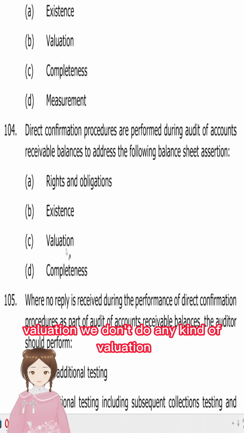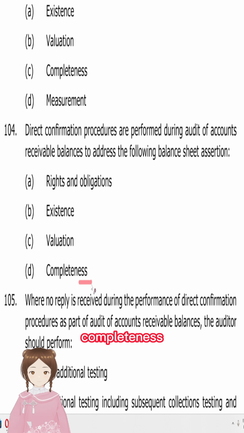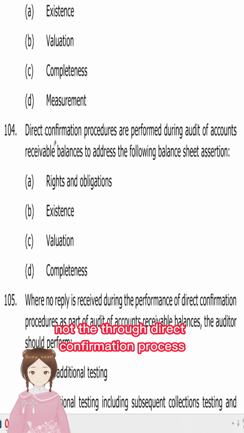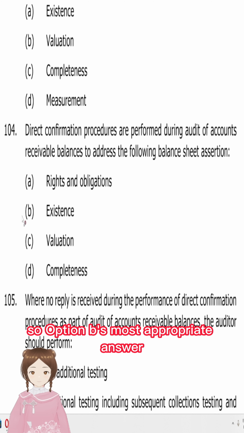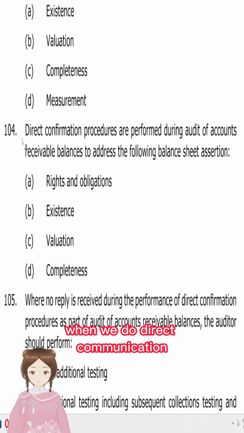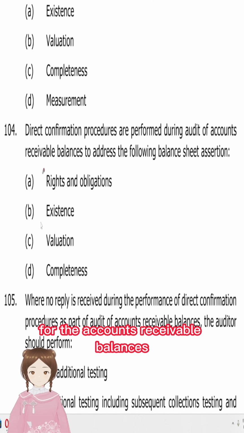Valuation, we don't do any kind of valuation there. Only the transactions that were done during the process. Completeness, we do calculations or recalculations, not through direct confirmation process. So option B is the most appropriate answer. We get the assertion of existence when we do direct communication or direct confirmation procedures for the accounts receivable balances.